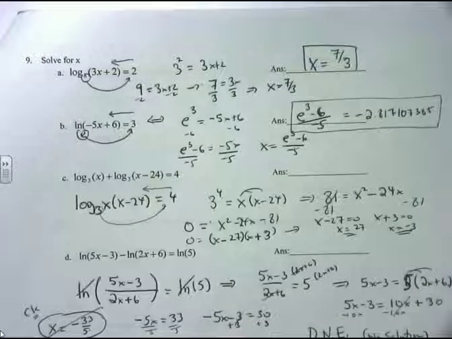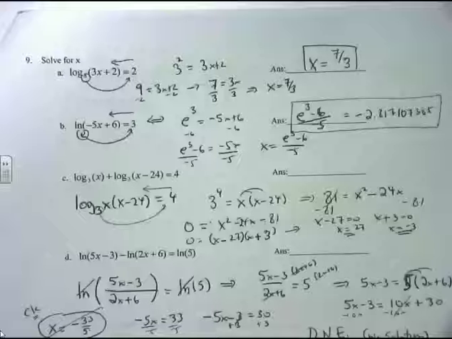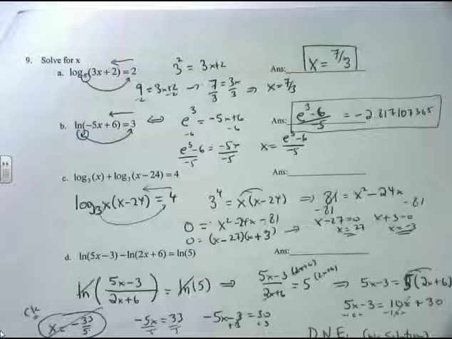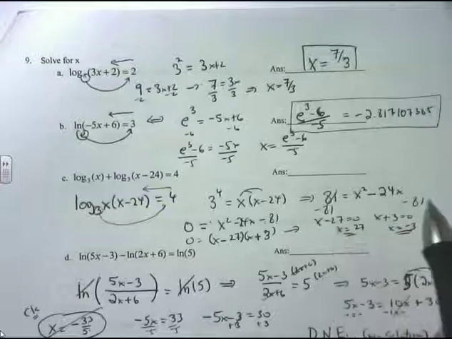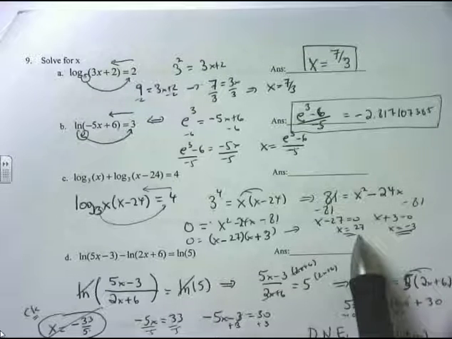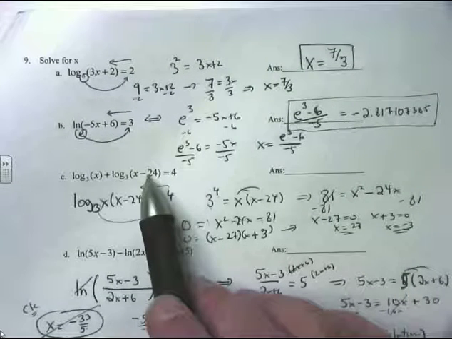However, when it comes to log equations, you've always got to go back and double check your answers. I'm going to plug it into the original equation to see if I'm taking a log of a negative number.